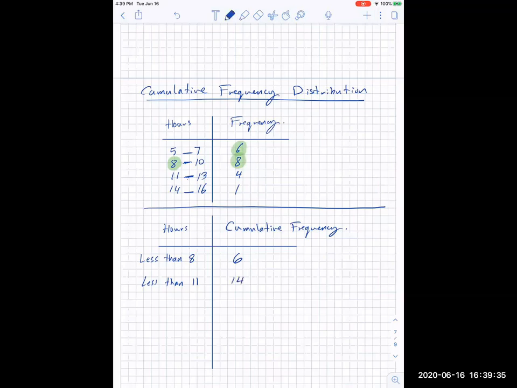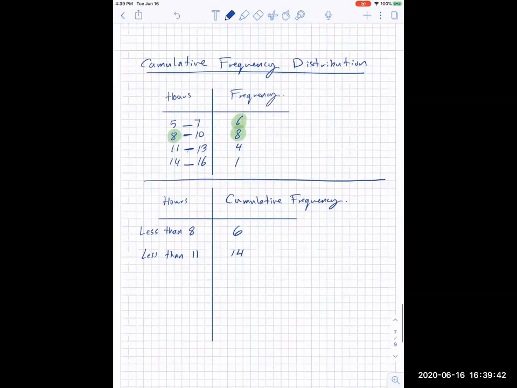So this is called the cumulative frequency. And then the next line, less than what? 14.